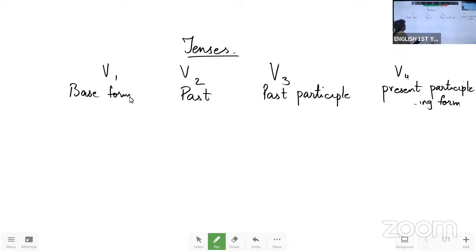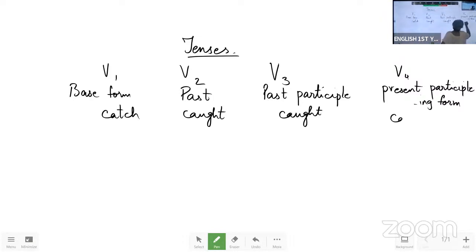Base form, like, okay, eat, catch, caught. Past participle, caught. Present participle, catching. Then buy, bought.